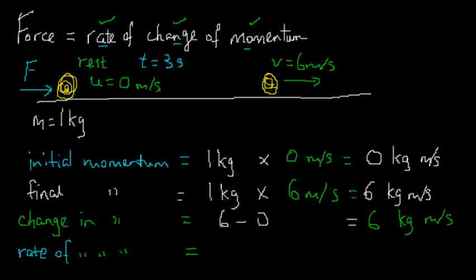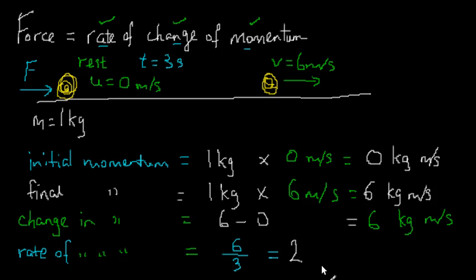So what I would do is take the change, the 6 kilogram meter per second. That's the change, that's the 6, and I would divide by the time taken, which is 3 seconds. So 6 divided by 3, and the answer is 2.